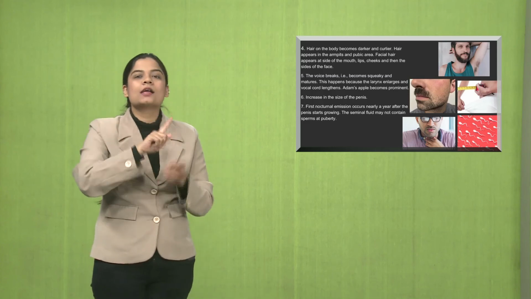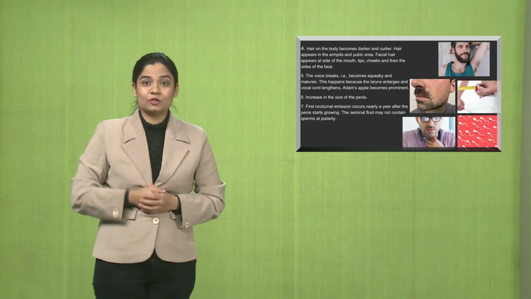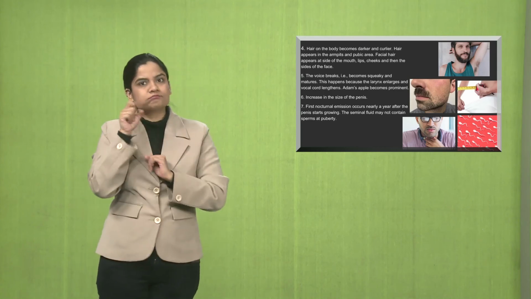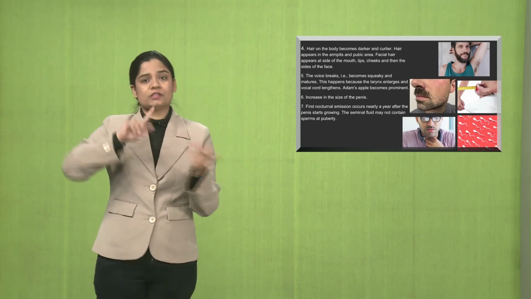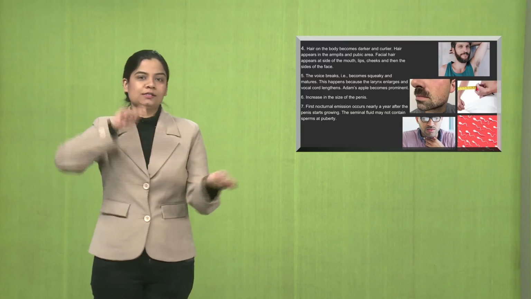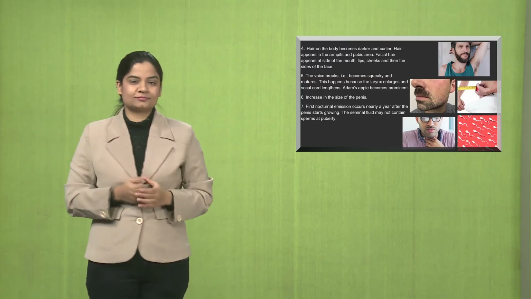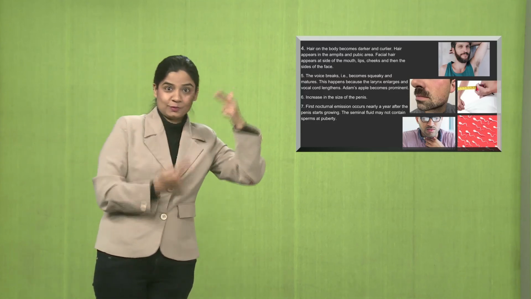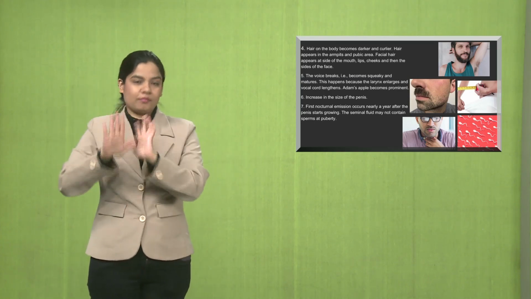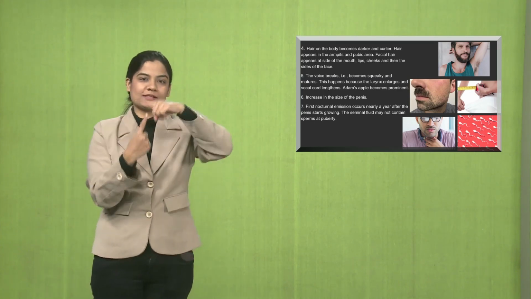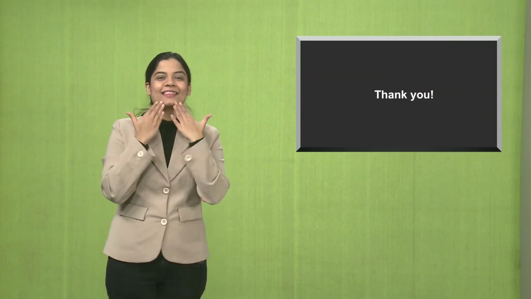You can also see the Adam's apple become prominent. First nocturnal emission can also occur. There can be seminal fluid that does not contain sperm. So these are the changes in the men's body, the boy's body. Now that you know what puberty is, let's talk more in depth about it in part 2. Thank you.